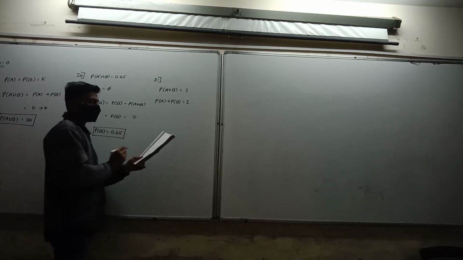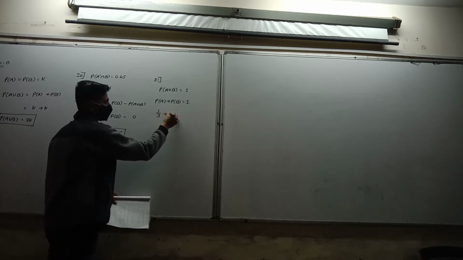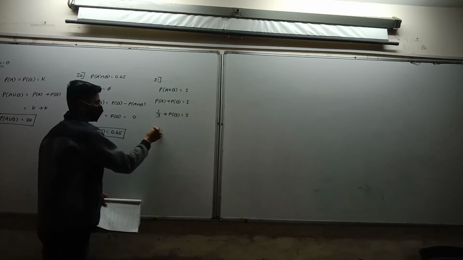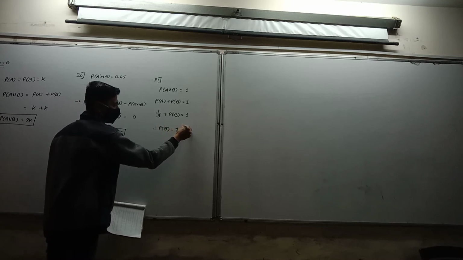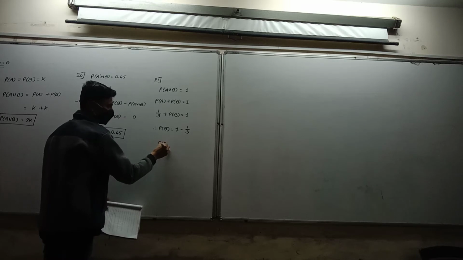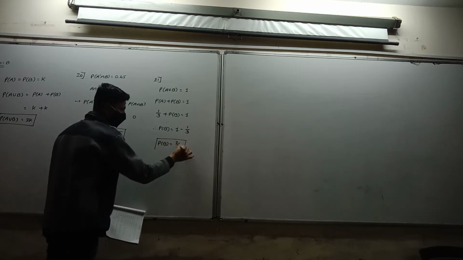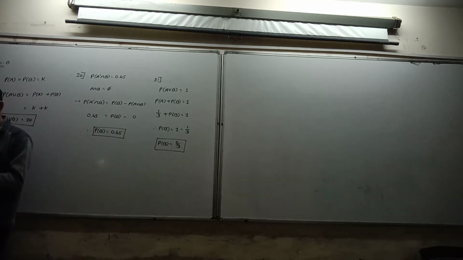P of A is given 1 by 3, plus P of B is equal to 1. Therefore P of B is equal to 1 minus 1 upon 3, P of B is 2 upon 3. Final answer. Write down question number 21.